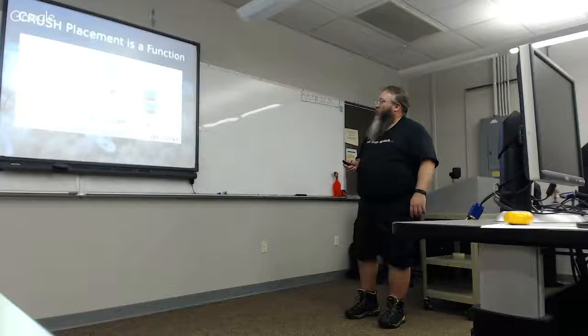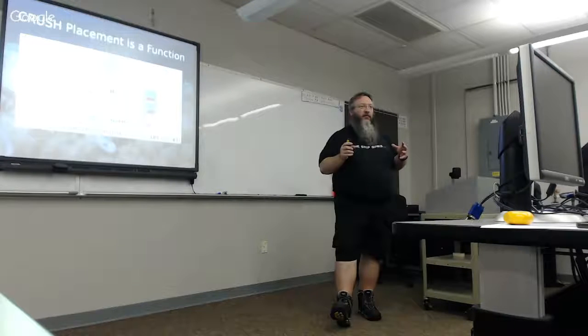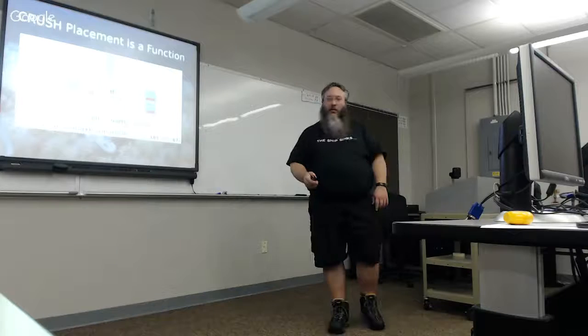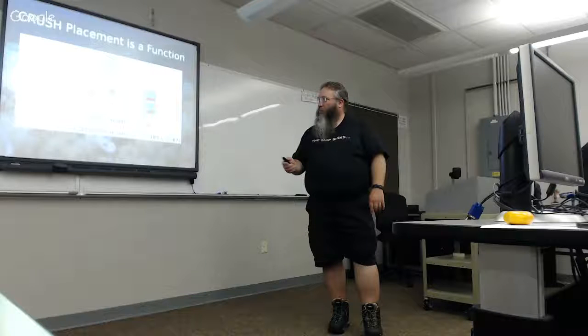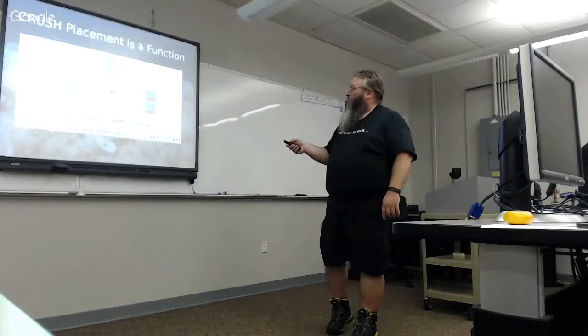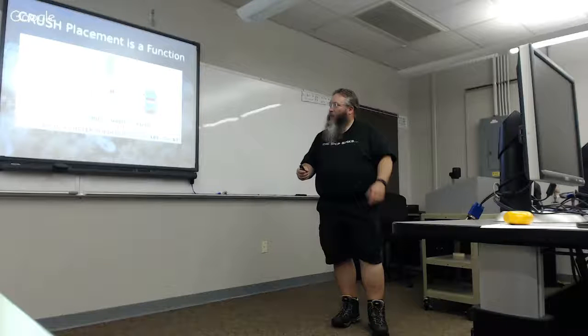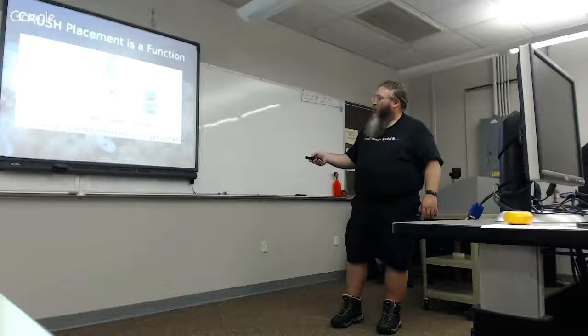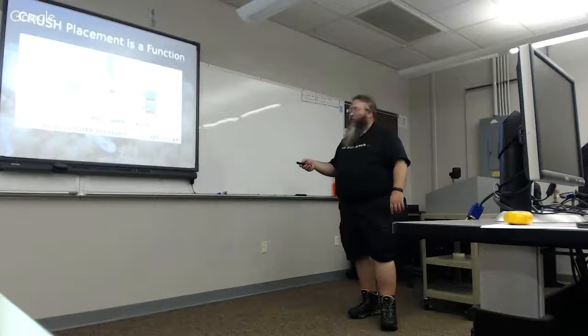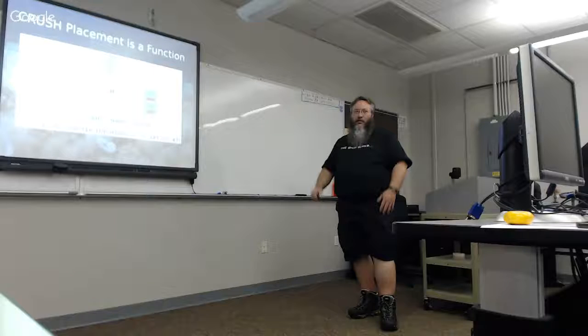A little bit more about CRUSH. Basically, CRUSH is a function, an algorithm. You've got all your OSD monitors checking to see what's there and compiling that. That goes into the function here. So you take your object name, hash it, and that gives you a placement group ID, which is basically just an integer.